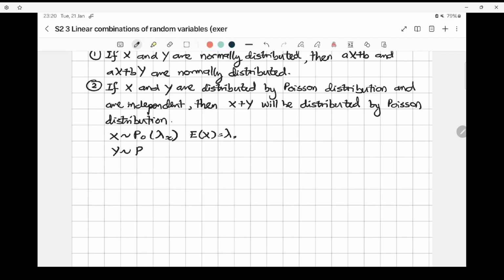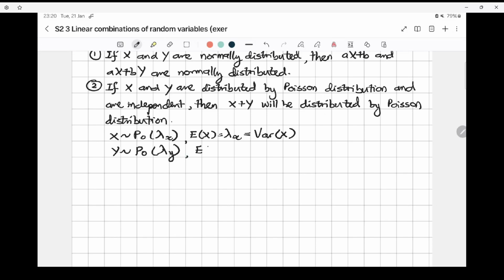So let's say Y is also distributed by Poisson distribution with lambda y.